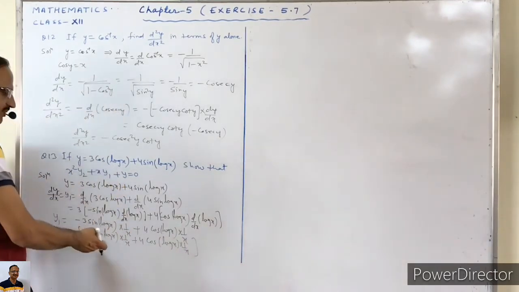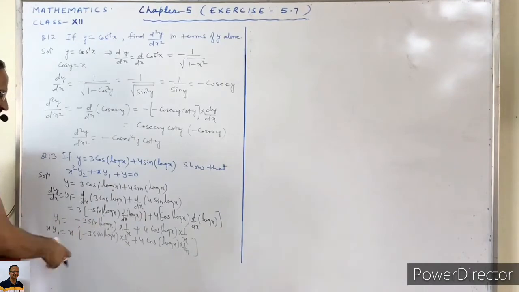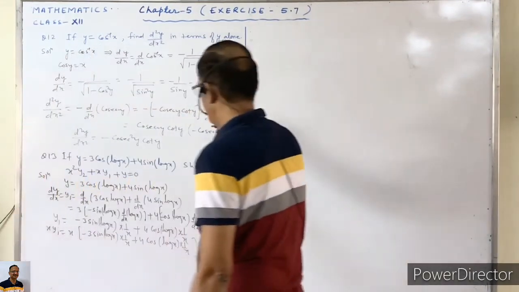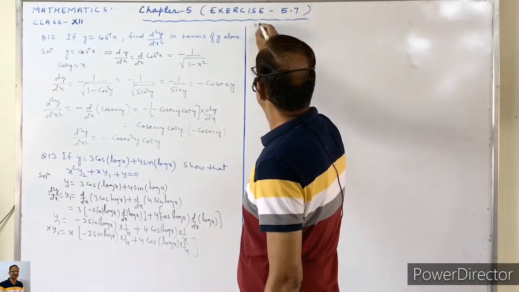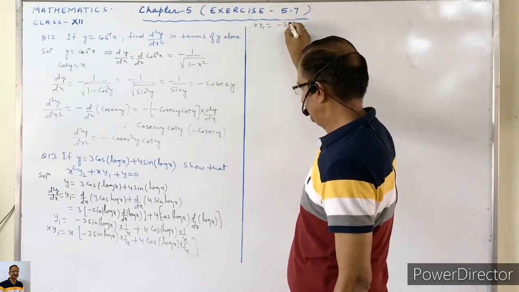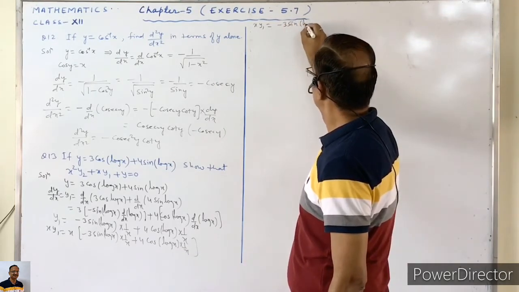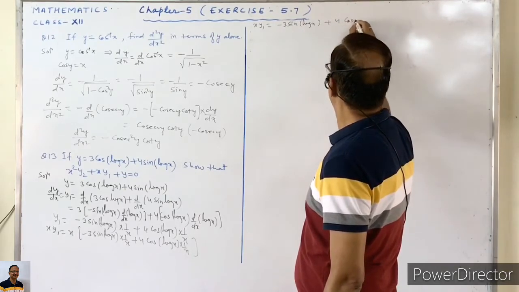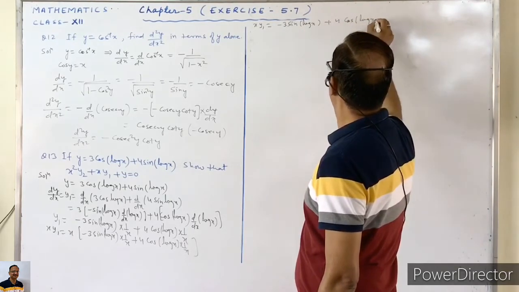So when we multiply the right hand side by x, then these x cancelled. So we will get x y1 equals to minus 3 sin log x plus 4 cos log x.